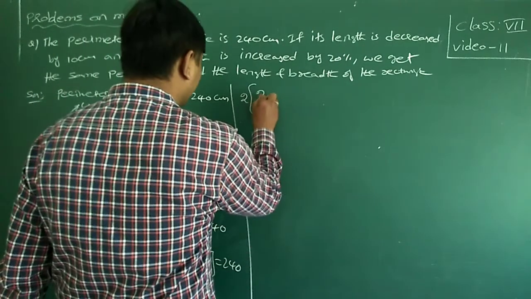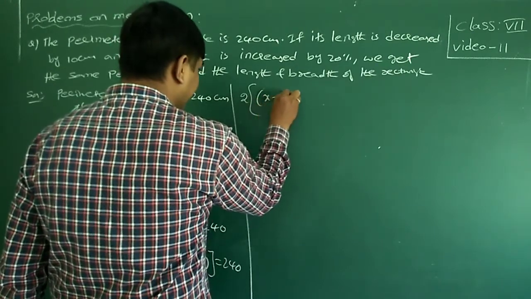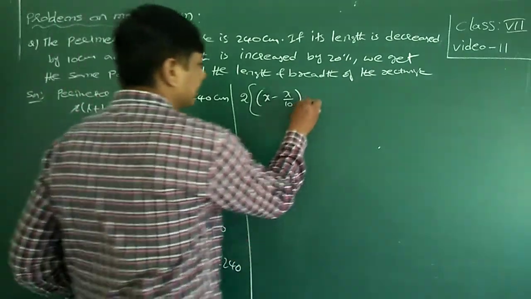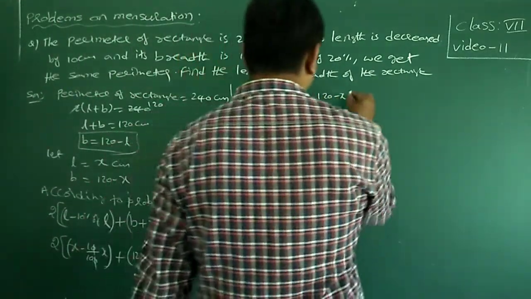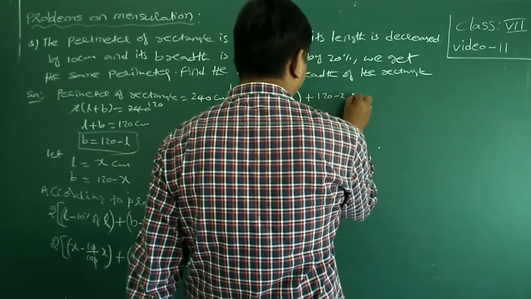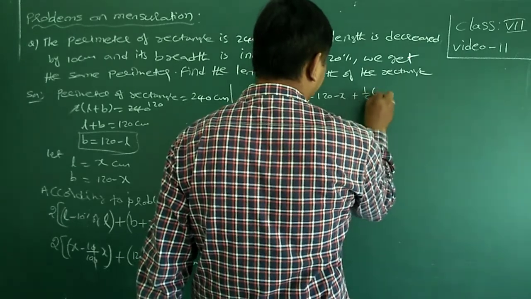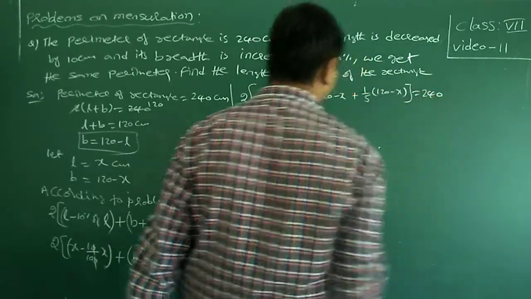Now remaining is 2 into (x minus x by 10 plus 120 minus x plus 1 by 5 into 120 minus x) is equal to 240.